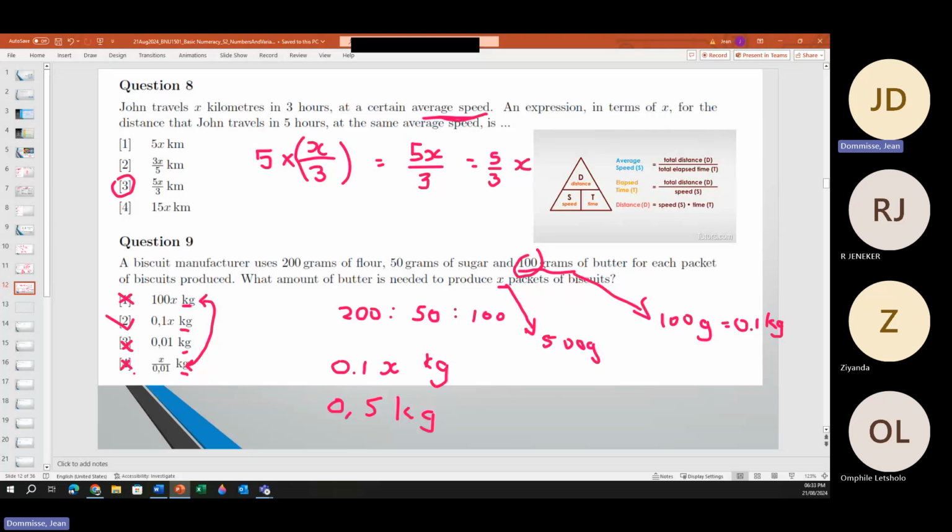The other one is kilometers, where you convert meters into kilometers, and then milliliters into liters. So those are the three that they normally can ask you to convert.